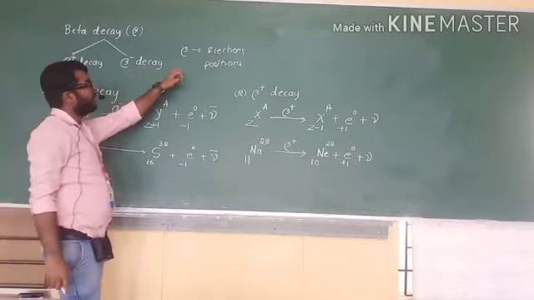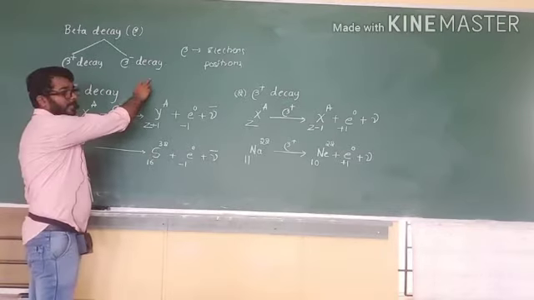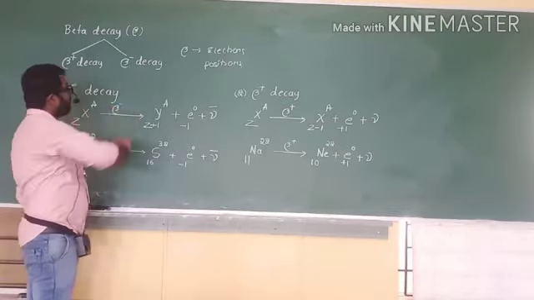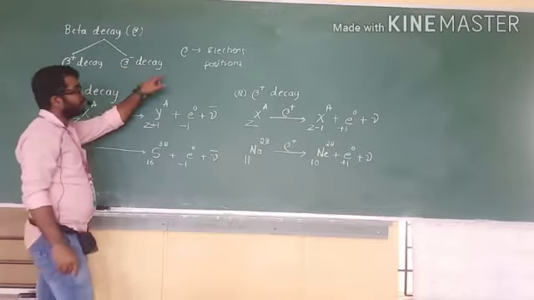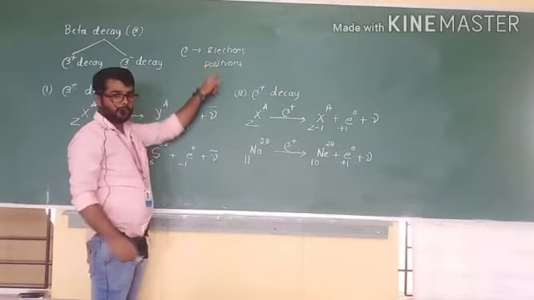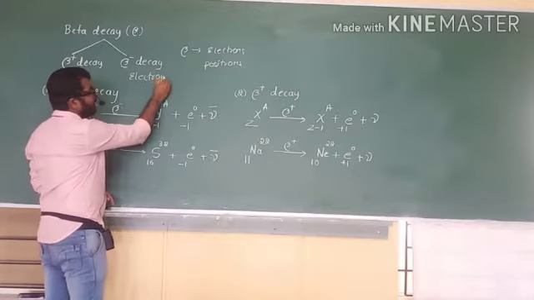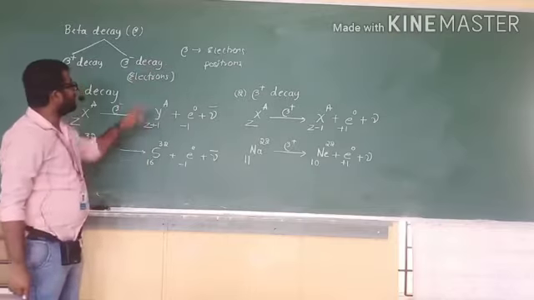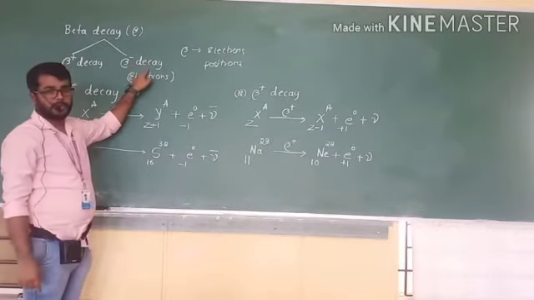In that there are two types of beta decay: beta plus decay and beta minus decay. Beta minus decay involves negative particles, and here the negative particles are nothing but electrons. If electrons are emitted from the nucleus, that type of decay is called negative beta decay, or beta minus decay.